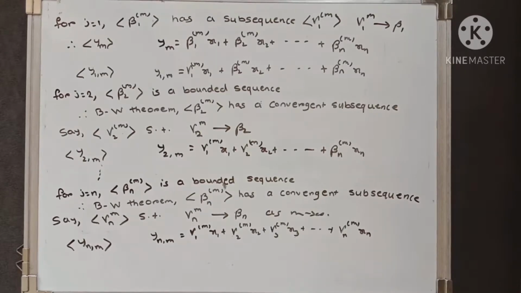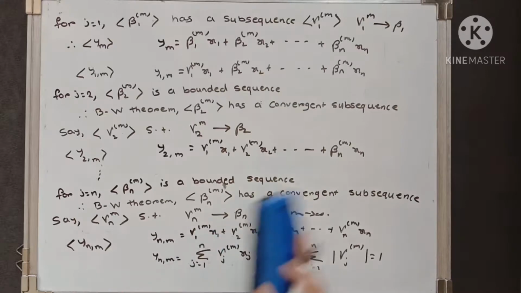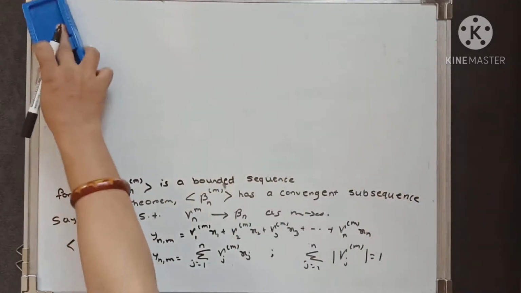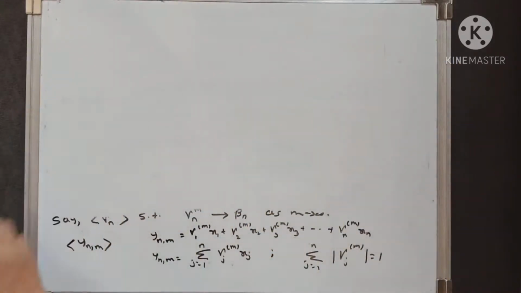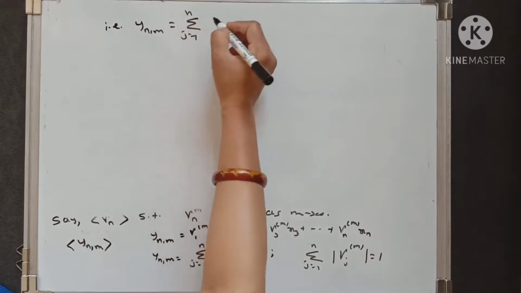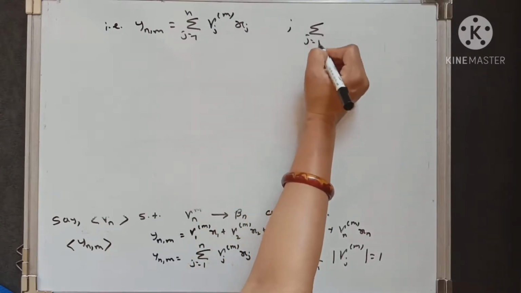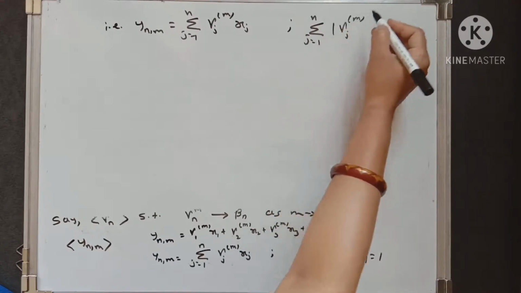Now here we write down this ynm as the summation j from 1 to n of gamma jm xj, where the summation j from 1 to n of mod of gamma jm equals 1.